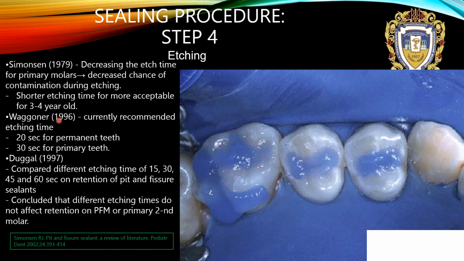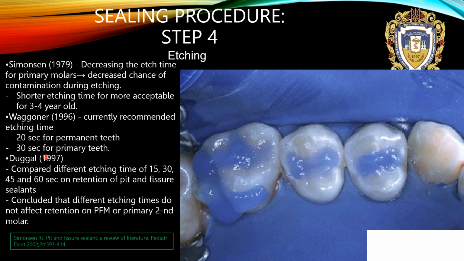Wegener in 1996: currently recommended etching time is 20 seconds for permanent teeth and 30 seconds for primary teeth.